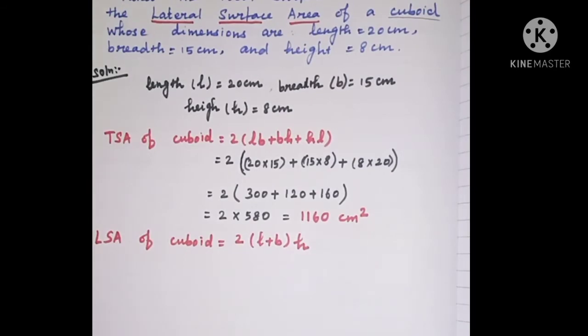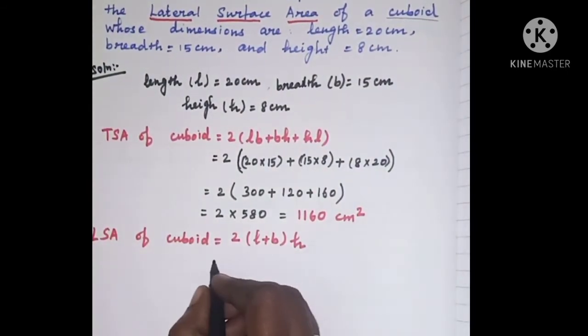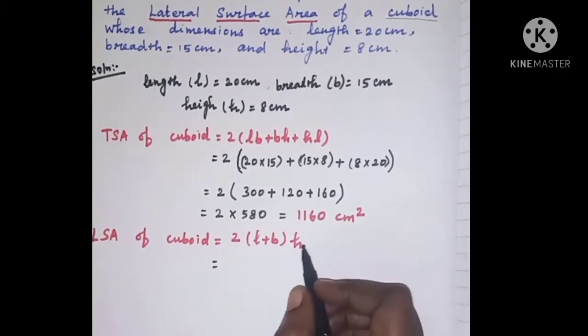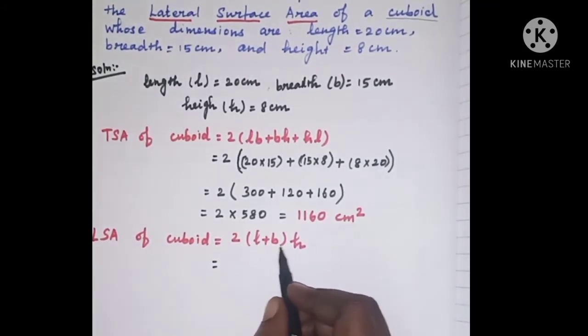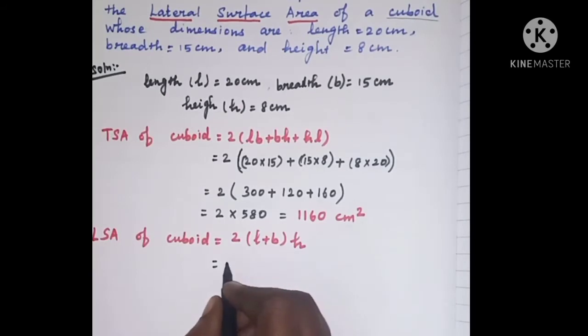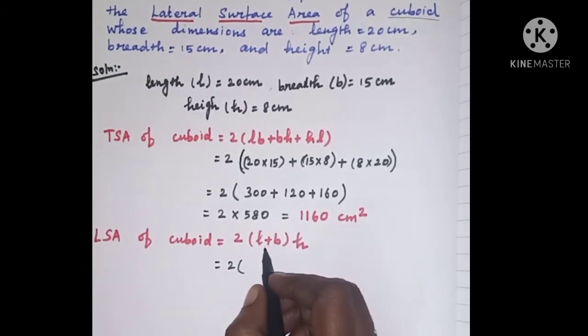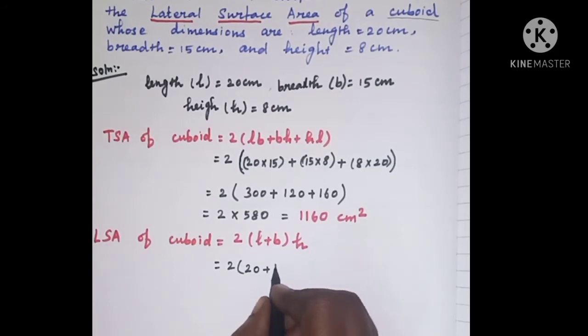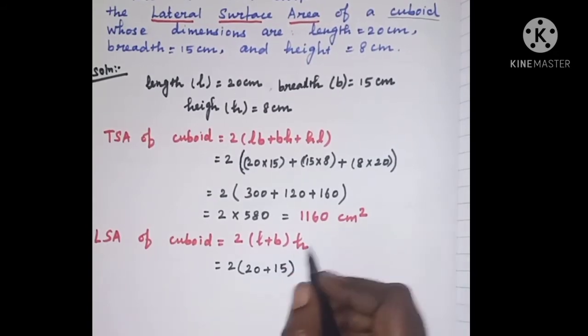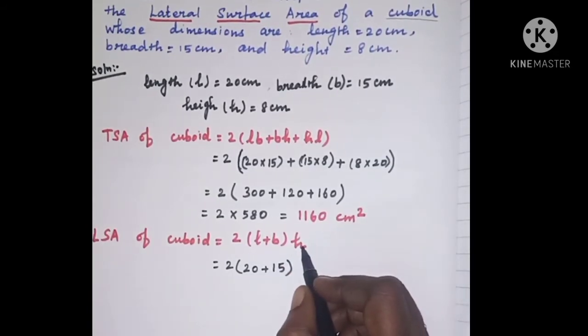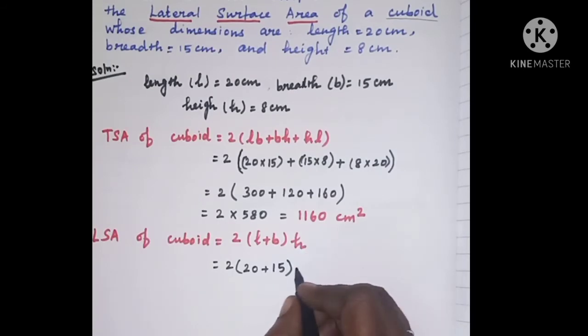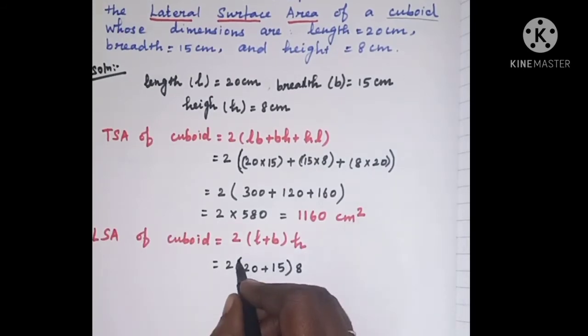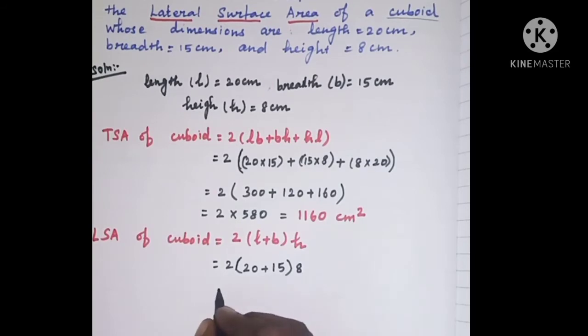This is the formula to find the lateral surface area of the cuboid. So now we have to substitute the values of length, breadth and height. Now 2 into, what is your L? L is 20 plus breadth B is 15, and then close the bracket. Next the value of height is 8.